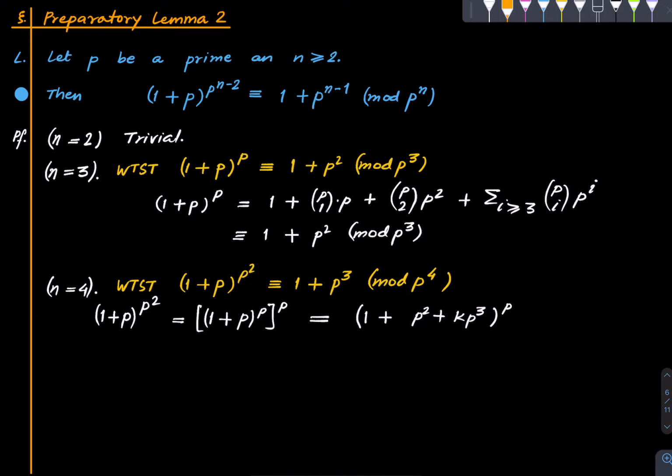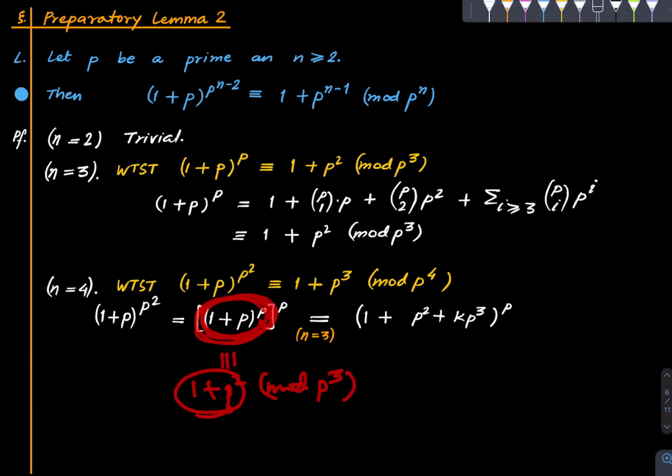Here we have used the n equals 3 result. We know that this is congruent to 1 plus p square modulo p cube, and therefore this is equal to 1 plus p square plus some multiple of p cube. So this is for some k, and I'm not writing that separately.